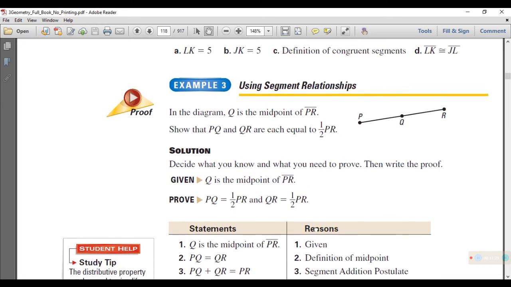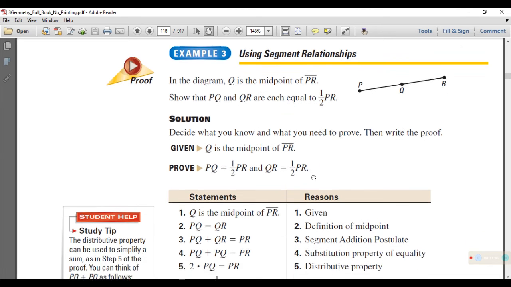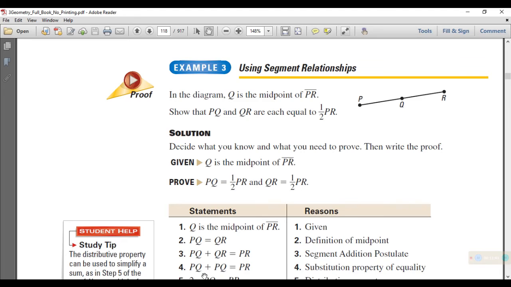Next, we have PQ plus QR is equal to PR, segment addition postulate. Pag pinagsama mo yung dalawang line segment sharing a common point, they will be equal to the whole length of the two endpoints, PR. Next, we have PQ plus PQ is equal to PR. Kasi parehas lang yung measurement ni PQ at saka ni QR.